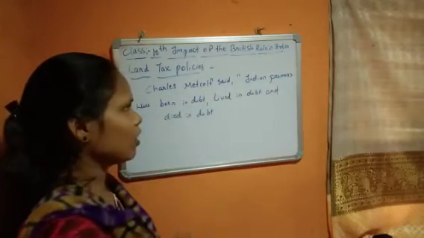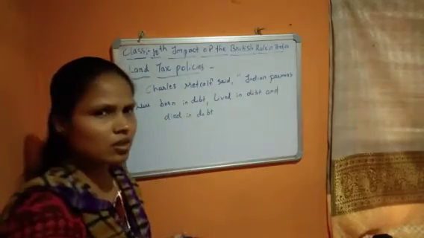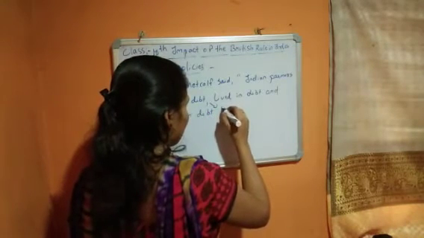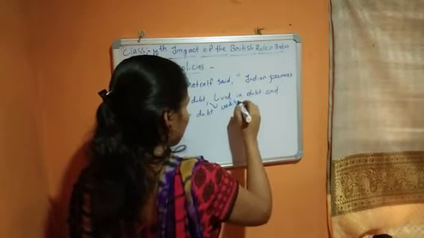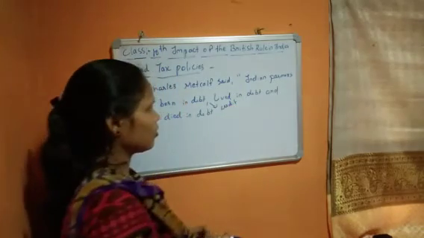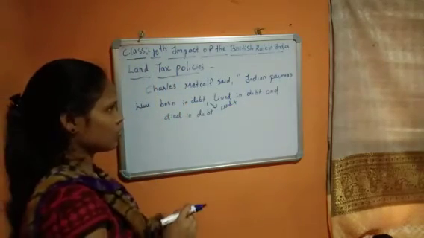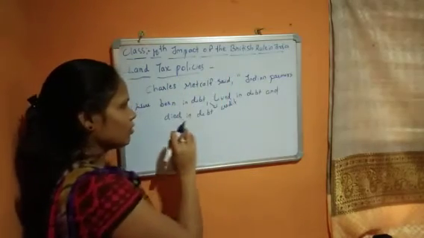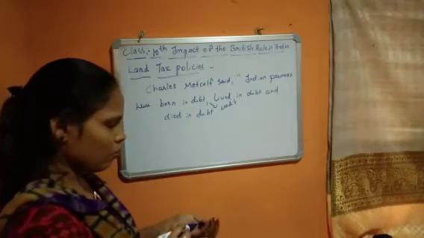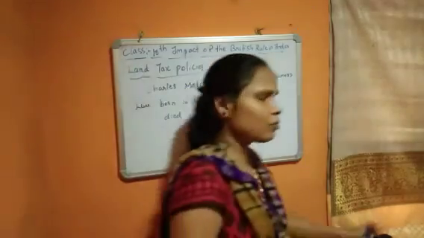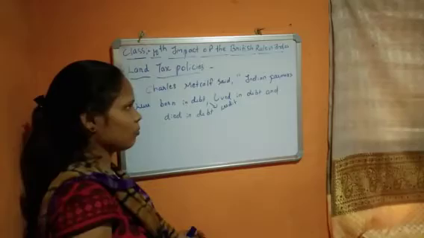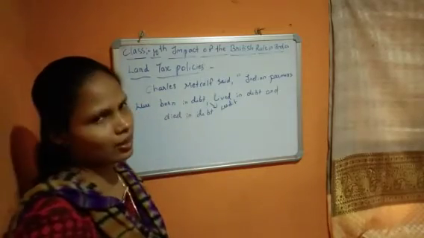That means what? Indian farmers were born in death, lived in death and died in death. By observing the pitiable situation of farmers, Charles Metcalfe said like this.